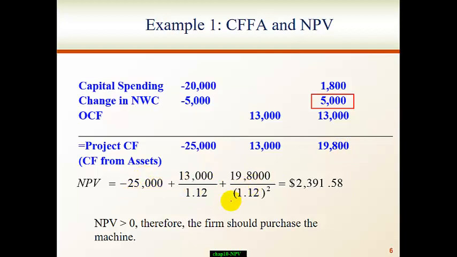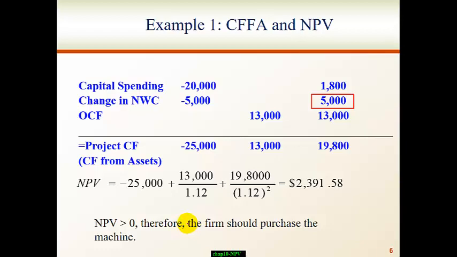As discount is 12%, for year 1 cash flow, we discount by 1 year 1.12. For second year cash flow, we discount 1.12 square. So the total answer is $2,391.58. So based on the positive NPV, we can now recommend the company to make this decision.